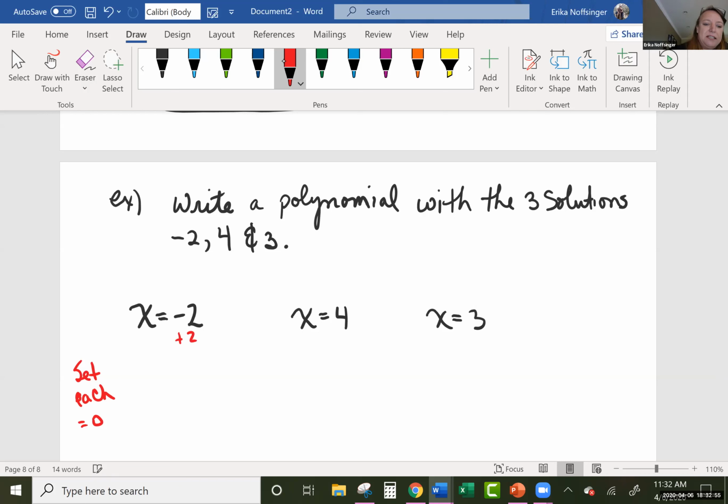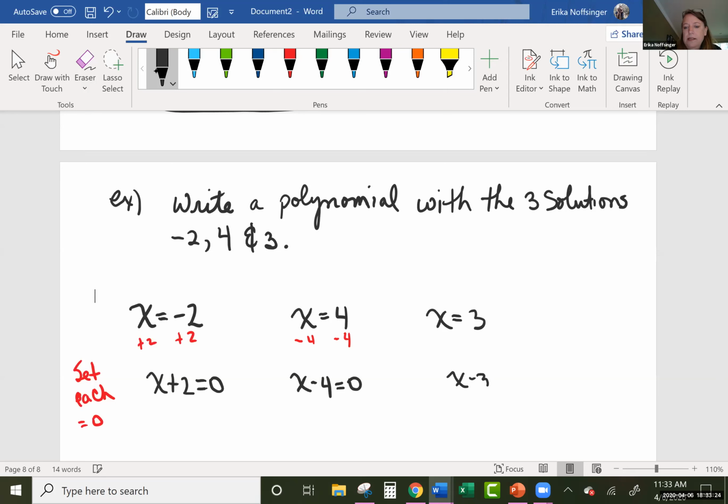And those aren't like terms. That's just x plus 2 is equal to 0. To get x equals 4 set equal to 0, subtract 4 on both sides. Not like terms. So this is x minus 4 is equal to 0. Same idea for the third equation, subtract 3 on both sides, we get x minus 3 is equal to 0.